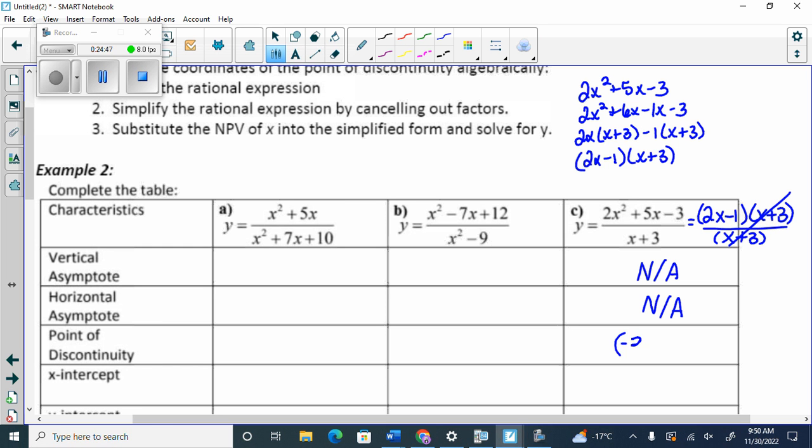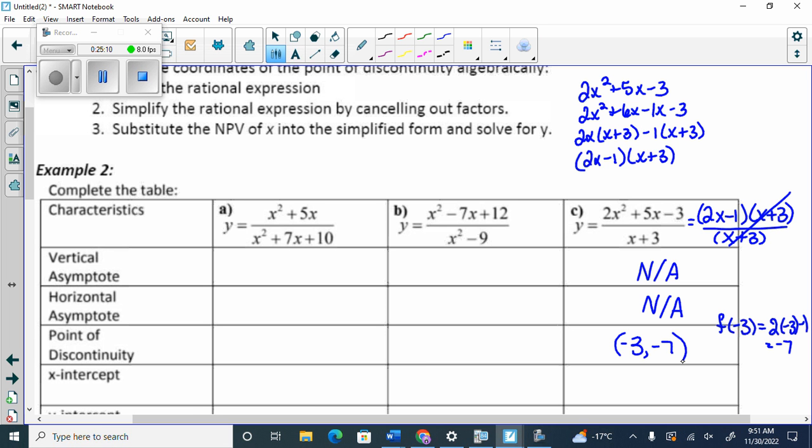Negative 3. How do I get my y? Plug it into the simplified. So I'm going to get f of negative 3 equals 2 times negative 3 minus 1, which is negative 7.